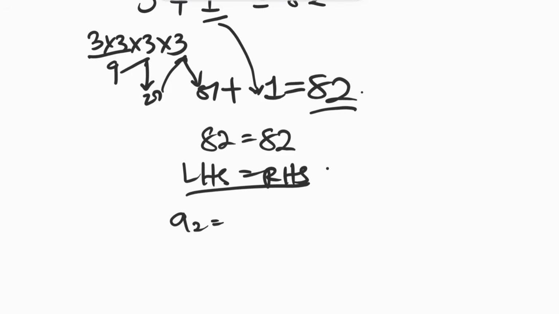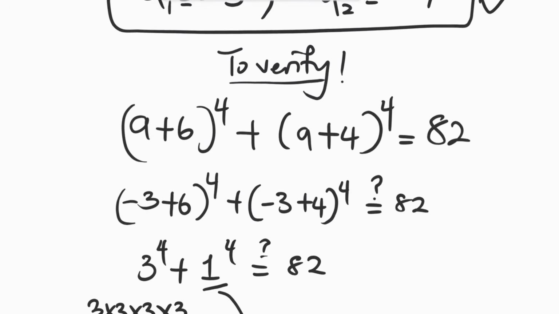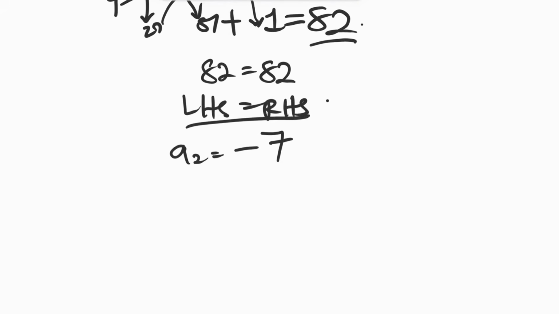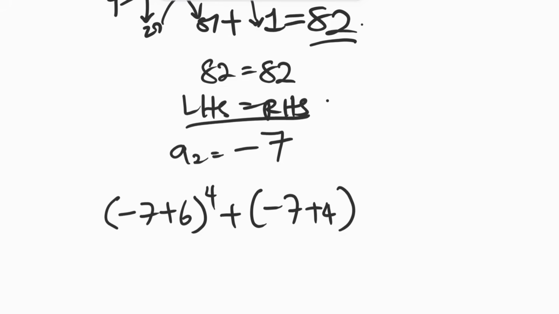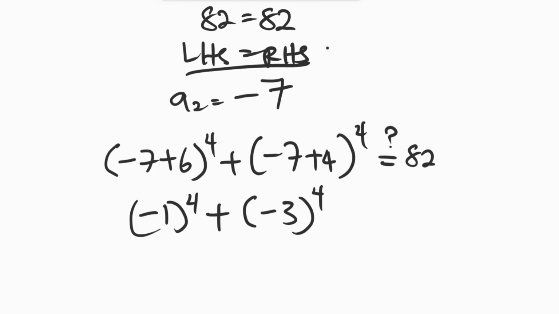a2 is minus 7. So now we plug in minus 7 into the equation. We have minus 7 plus 6 raised to the power 4 plus minus 7 plus 4 raised to the power 4. Is that going to be equal to 82? So minus 7 plus 6 will give us minus 1 raised to the power 4, plus minus 7 plus 4 will give us minus 3 raised to the power 4.